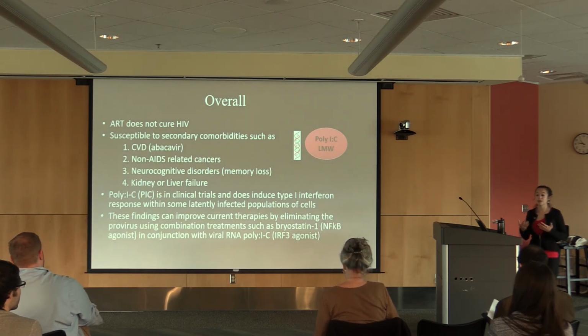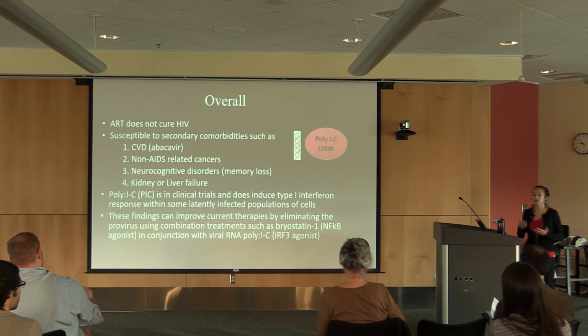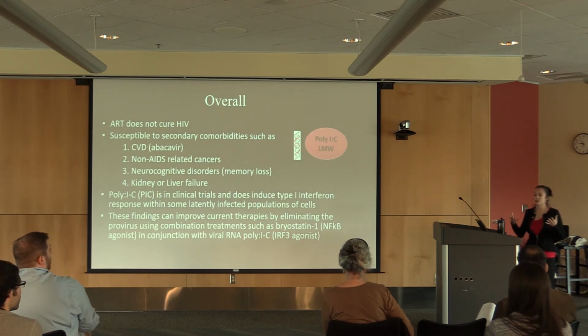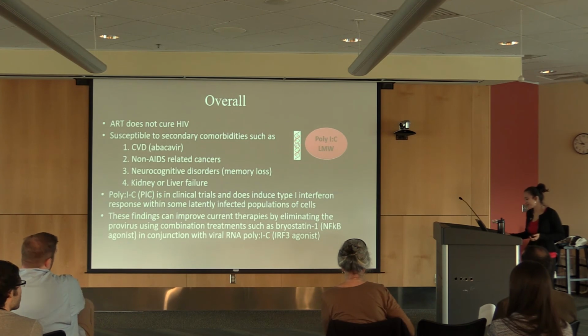For instance, now that we know that poly-IC specifically helps in activating that latently infected population, we can pair it with bryostatin, for instance, that specifically targets NF-kB. That way you're not just throwing in a bunch of stuff and causing this person all these side effects, trying to awaken that hidden population.